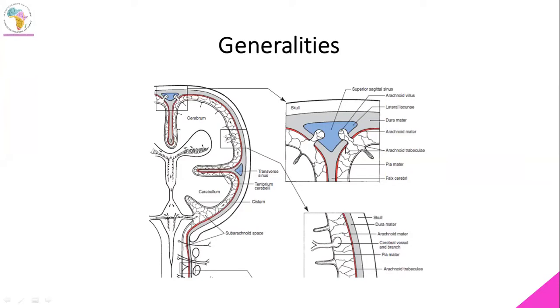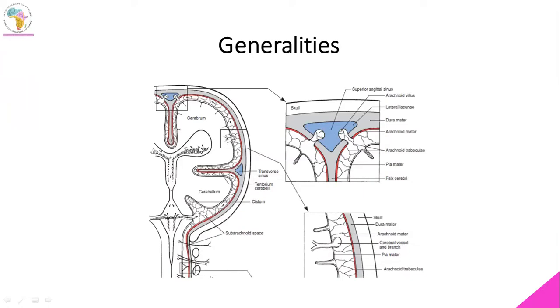Another important thing that we can see here in the image is that along the superior sagittal sinus, we have an outpouching of the arachnoid inside the sinus. This outpouching we call arachnoid villi, which helps in the reabsorption of the CSF back to the venous drainage.